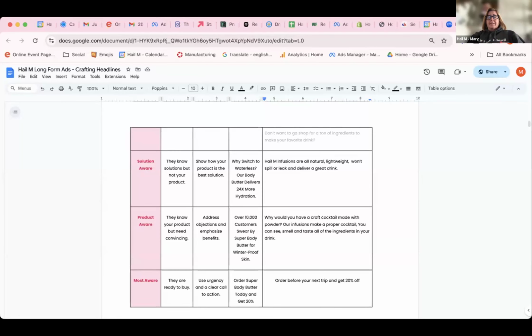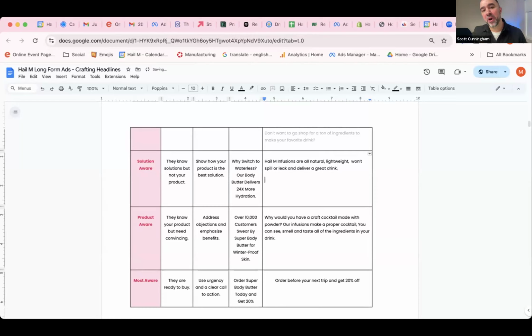They're called Craft Mix. Essentially it's like an electrolyte powder. You open it up, pour it in, add water, and mix it. It's disgusting. They don't taste good. So for this one, you would say something like travel cocktail drinks that actually taste good.